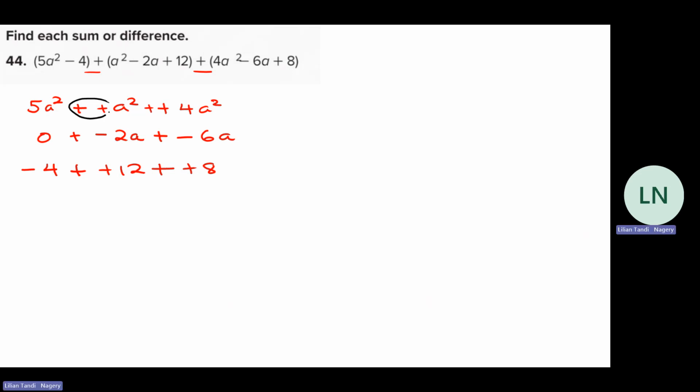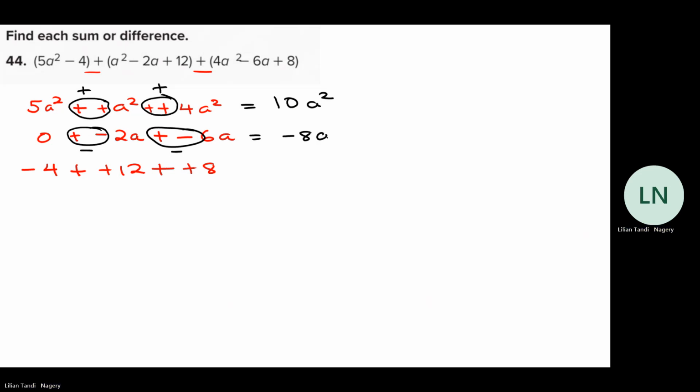So this becomes positive. This becomes positive. 5 plus 1, 6. 6 plus 4, 10. a squared. This becomes minus. This becomes minus. 0 minus 2, negative 2. Minus 6, negative 8. a.